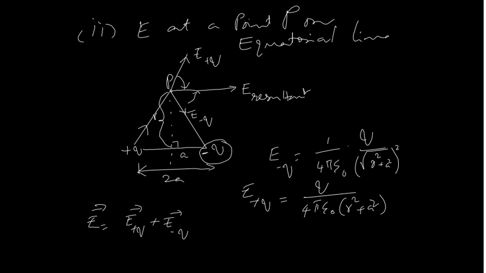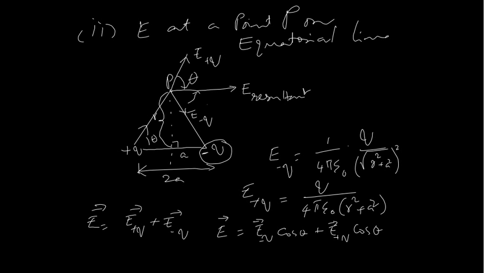So if you are assuming that this is some theta, this is theta, this is also theta, and this is also theta, then what happens, we are taking E, the first part, E minus Q cos theta, then E plus Q cos theta.